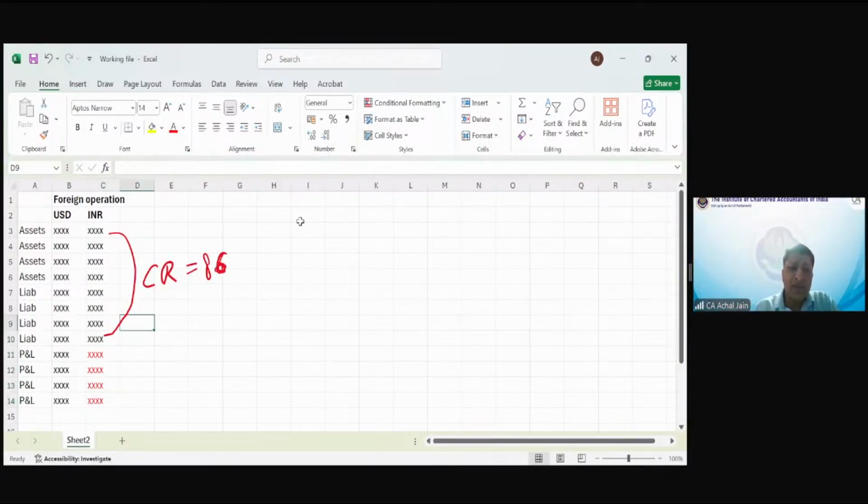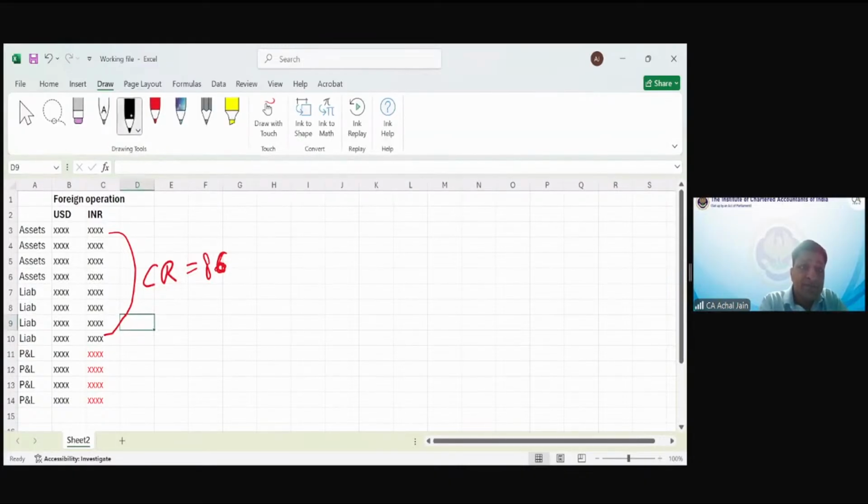Now, what is the meaning of average? You may be thinking. So average, you can say, is the average of full year. So full year, various rates which are there, you will pick up and you will take the average. So let's suppose average rate works out to 85.5. Correct?